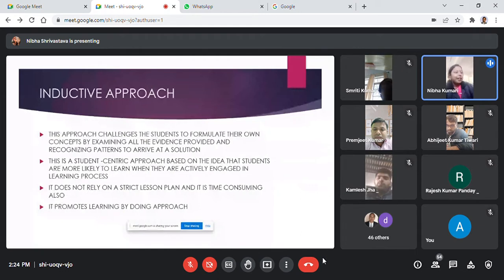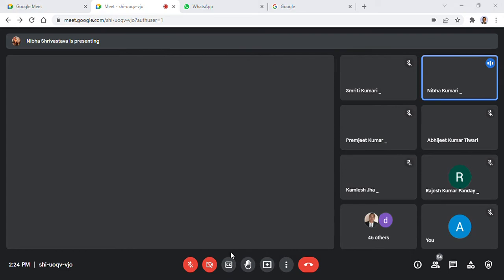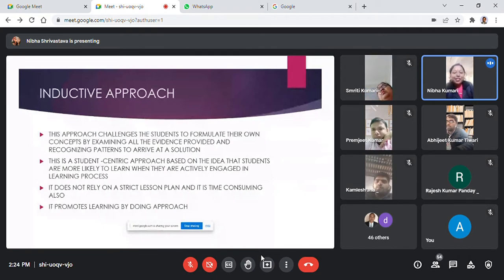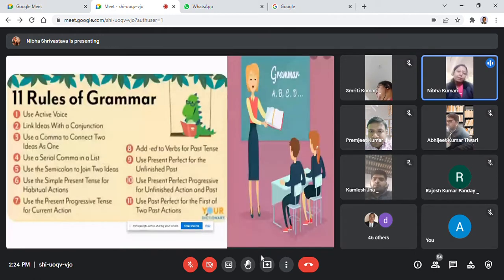Use active voice. Whenever we have to speak, we have to keep in mind that we should use active voice. We should speak the sentences in active voice. Can anyone throw some more light on why, while speaking, we should first go with active voice, not passive voice?